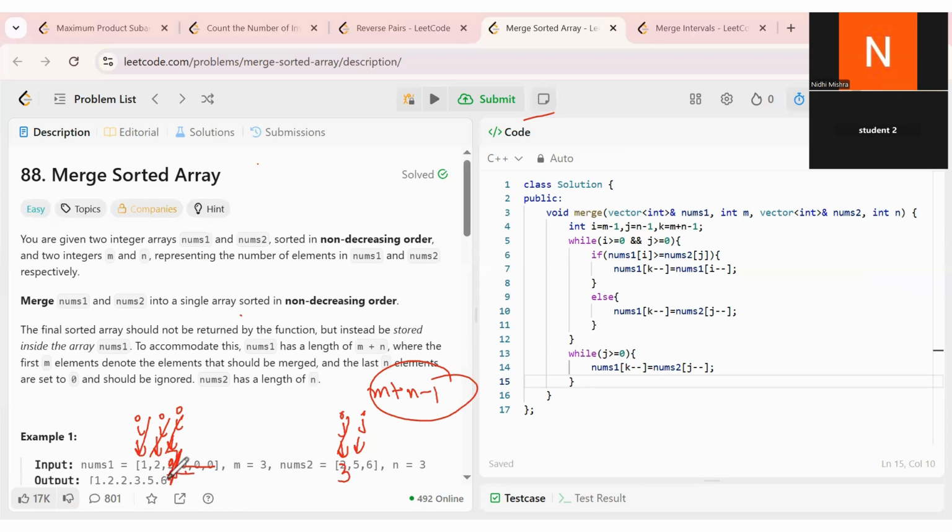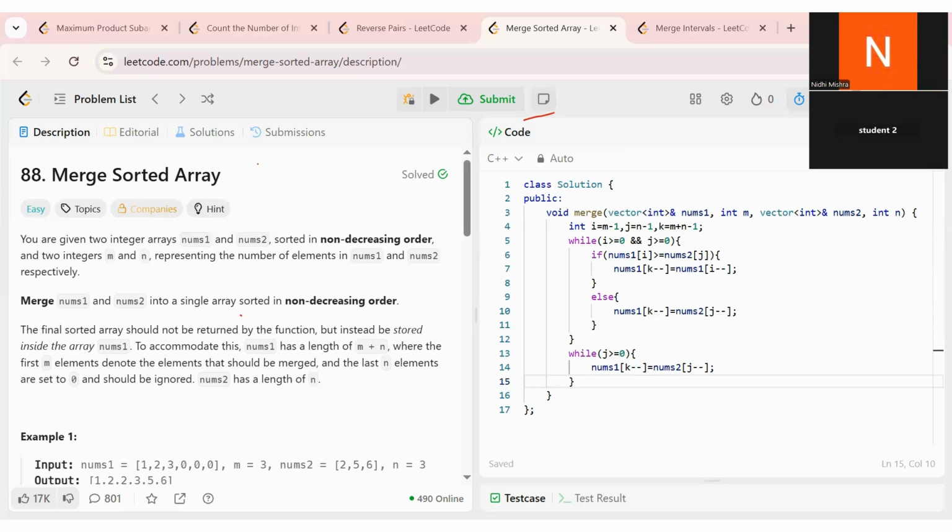So what I'm doing here is if i is greater than or equal to m and less than m plus n minus 1, I will make i as 0, so that it will be the first index of the second array. Once the ith index is coming out of the first array, I want it to go into the first element of the second array.